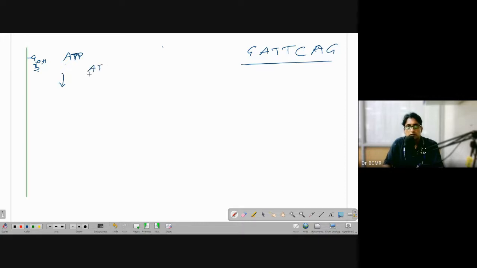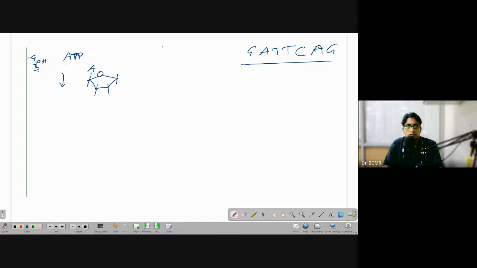ATP will have, I will just put it like that. That is adenine there. And then what we have here is deoxyribose.